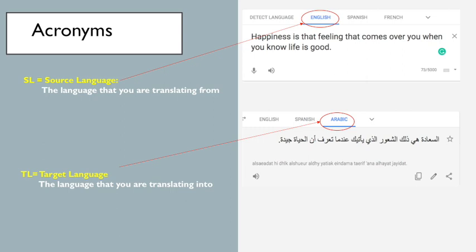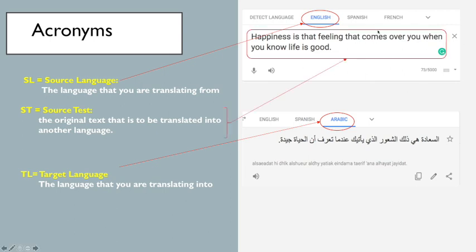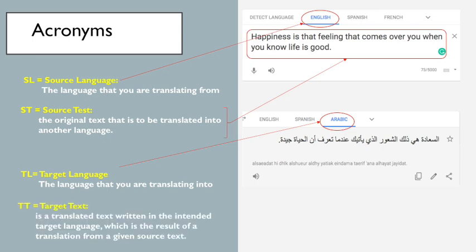We also need to know that ST means source text, and in this case, it is this part that says happiness is the feeling that comes over you when you know life is good. And on the other hand, we have the target text, which is the TT, and it is the result of the translation from a given source text, and this is the TT or the target text.